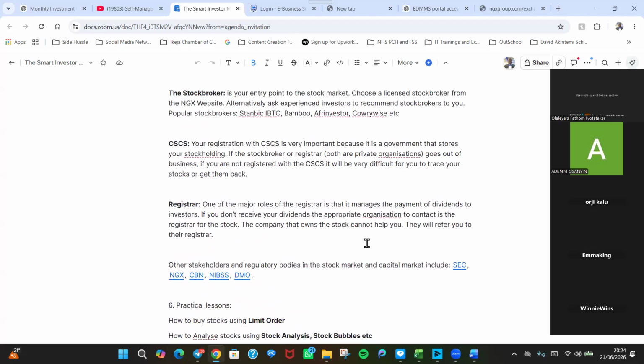Can anyone give me different classes of assets? Do you even understand what is meant by classes of assets? Do you know how the assets are grouped? Let me help you. Classes of assets is the way assets are grouped. So you have the capital market, that is one class of assets.